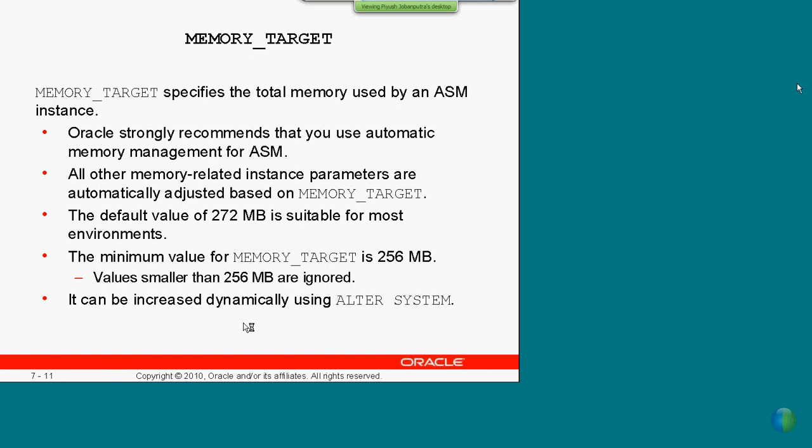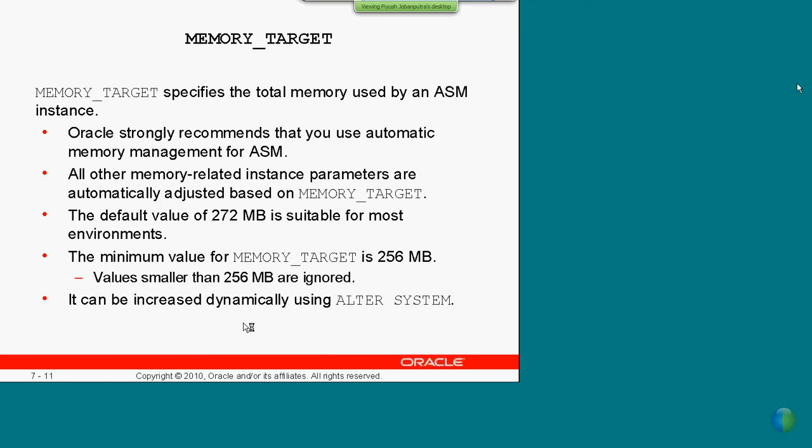You can specify a value, but anything below 256 is automatically discarded because the minimum value is 256 MB, and it can be increased dynamically. You can keep on increasing it based on how much storage you are going to use.